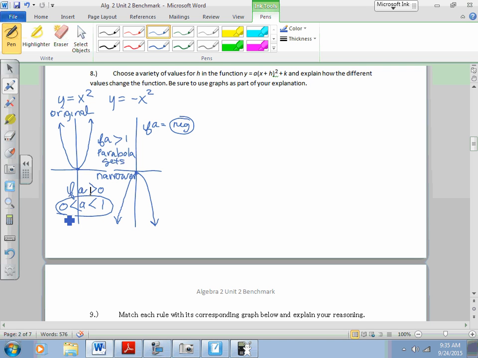If a is greater than 0 but less than 1, that means it's going to be a fraction. Then the parabola gets wider. So do you notice we haven't done all the other parts of the quadratic equation yet, y equals ax squared plus bx plus c?